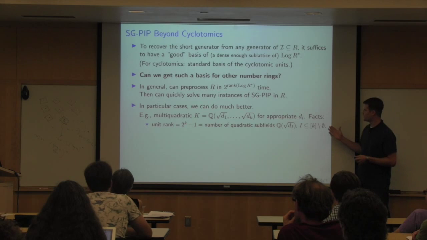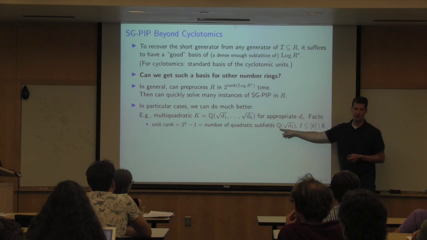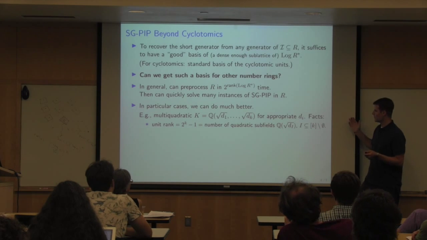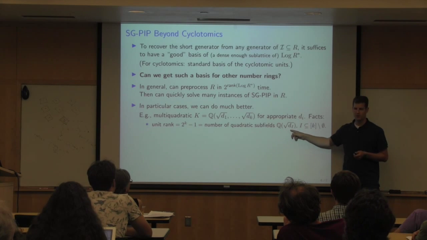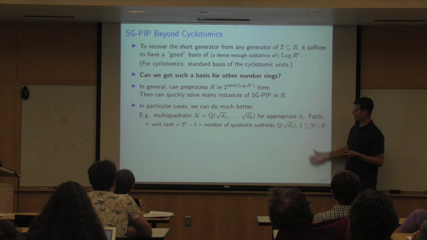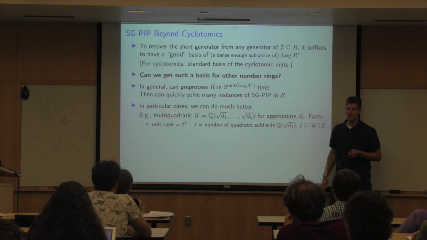So, one can, in some amount of time which is not totally prohibitive, compute the fundamental unit of all of these. Okay. And now the natural question is, I've got these 2 to the k minus 1 fundamental units for each of these quadratic subfields, and my unit rank of the original is exactly that 2 to the k minus 1.